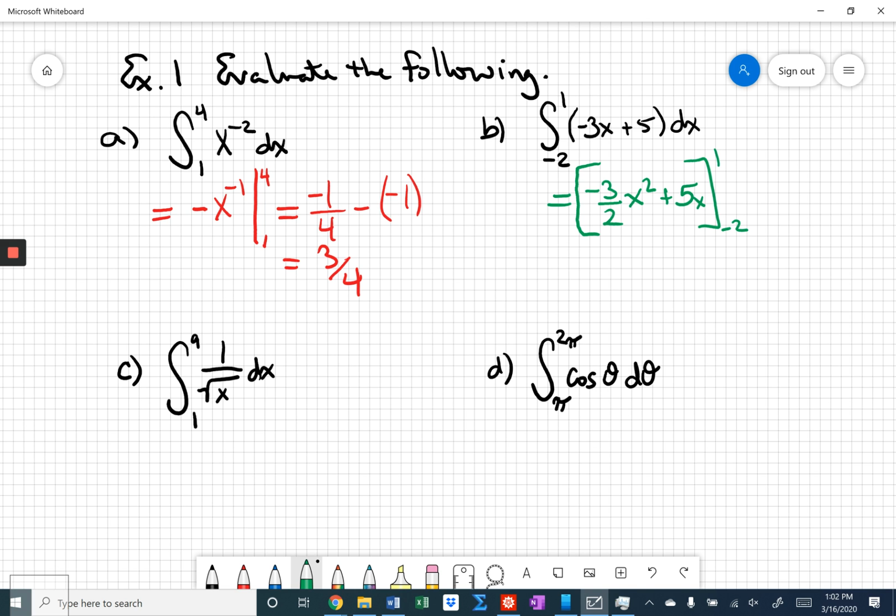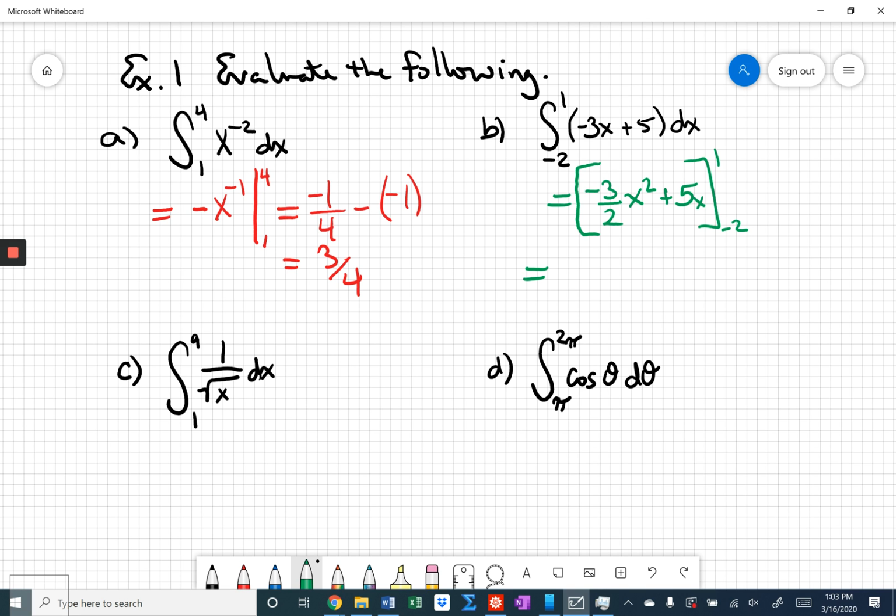So I'm going to plug 1 into both terms in the expression, plug 2 into both terms, and then subtract. If I just use the vertical bar, it's a little ambiguous, and someone might think, are we only plugging this into the 5x, or do I plug it into the negative 3 halves x squared term as well? It might become confusing to some. So we put brackets around sums and differences.